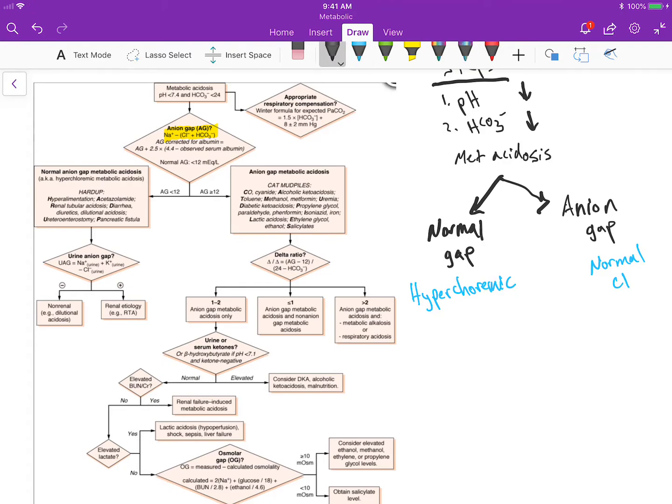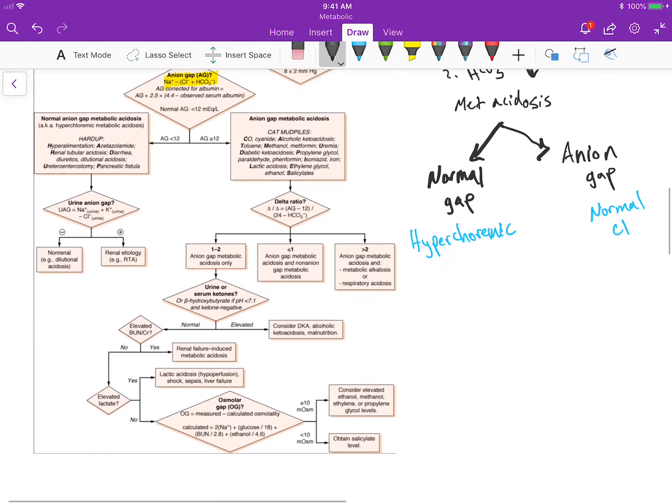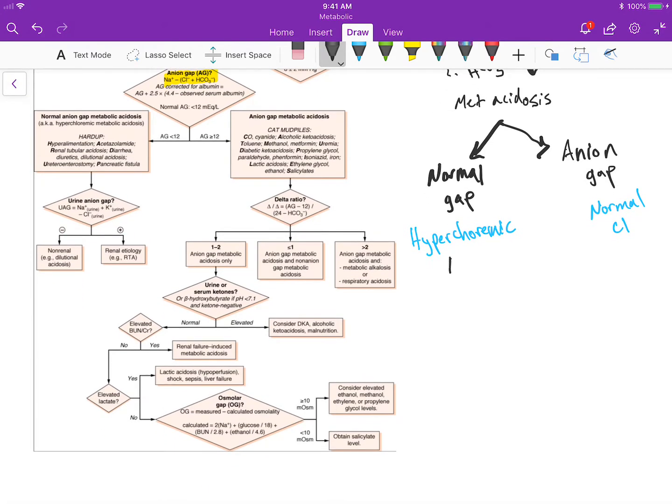Now the question becomes, what can cause a normal gap versus an anion gap? Really quick, to round out our hyperchloremic normal gap metabolic acidosis: number one, by and large, is diarrhea. Number two can be saline, so a ton of saline.